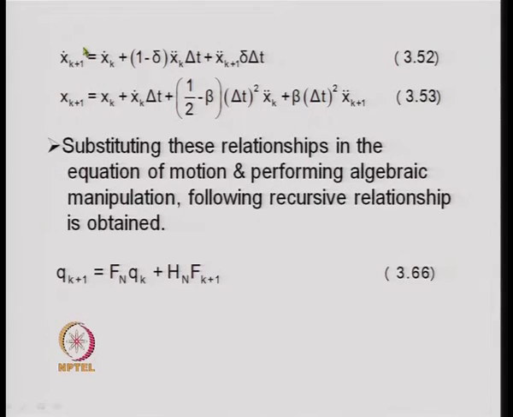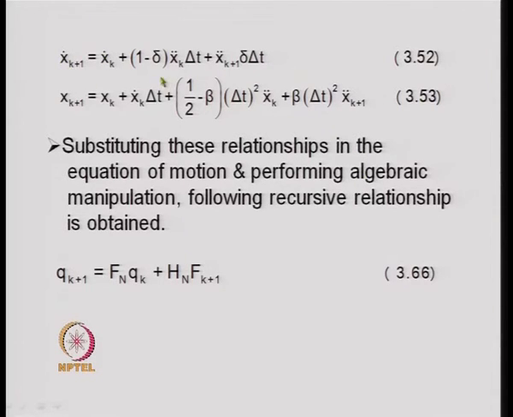For example, if I ask you to find out the velocity at a particular time given a velocity at some other time, then you can find out that the velocity is equal to the previous velocity plus the acceleration multiplied by the time. That gives you the velocity x dot k plus 1.